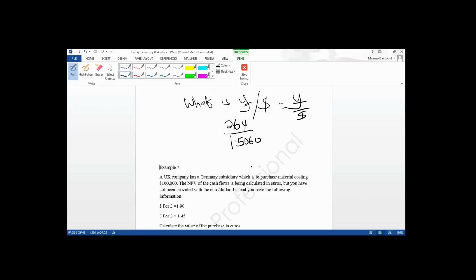If you work this out, that will give you your Japanese yen to dollar. That is the cross rate.